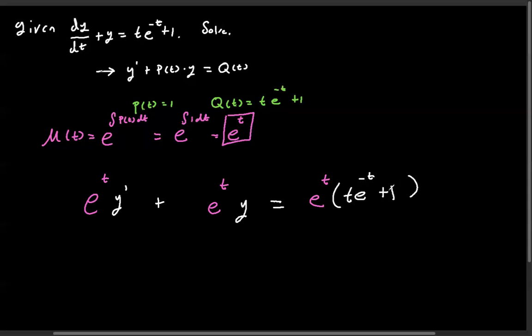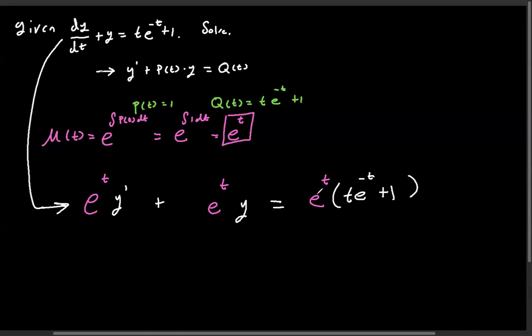And I better do parentheses because it's also times that 1 there, so you get another e to the t there. So we've rewritten the original problem in this way, and they say if you do that, it's going to be pretty nice for you. Let's take a look over here.